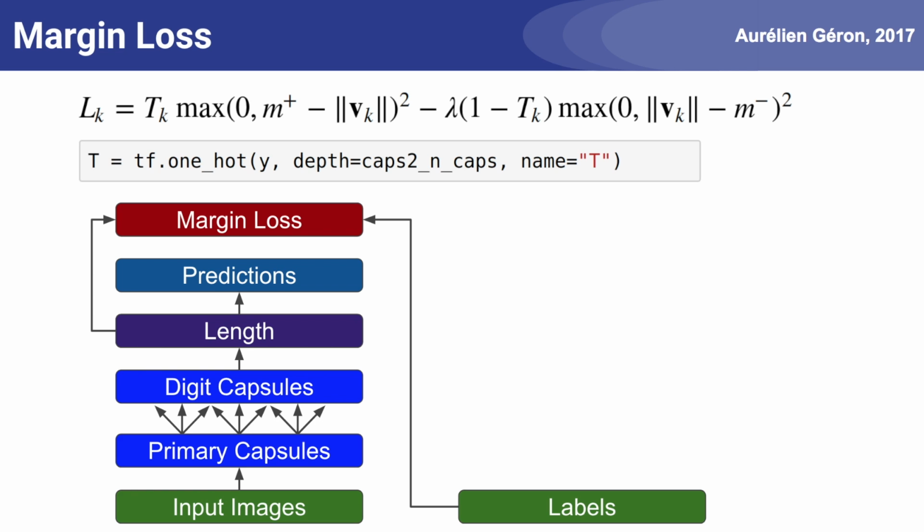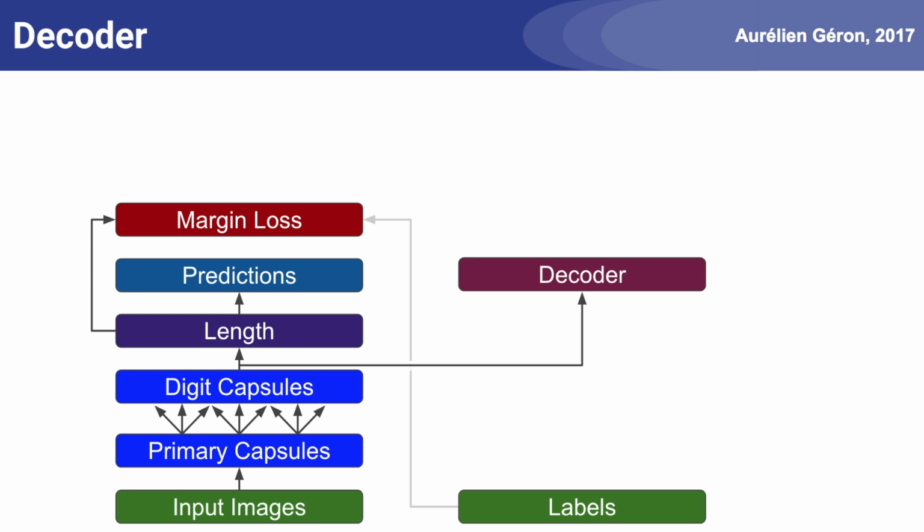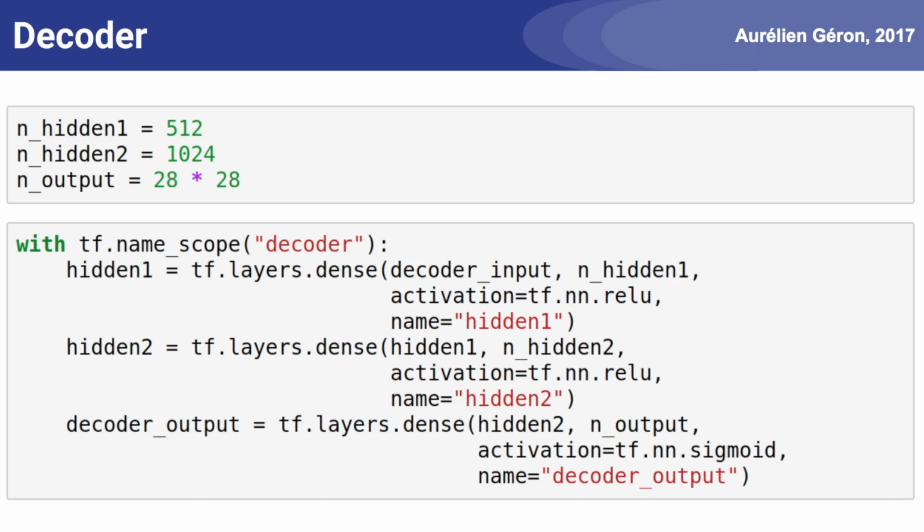Okay, next we want to compute the reconstruction loss. So first, we must send the outputs of the digit capsules to a decoder that will try to use them to reconstruct the input images. This decoder is just a regular feed-forward neural net composed of 3 fully connected layers. It's really simple code, so you can pause the video if you want to take a close look at it.